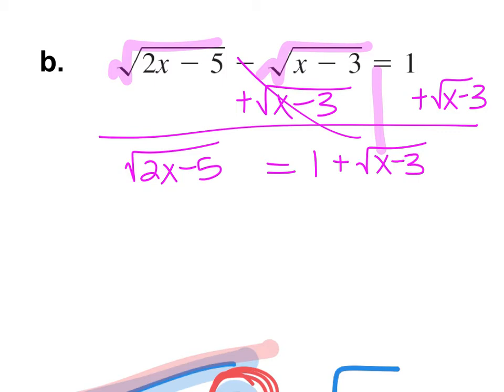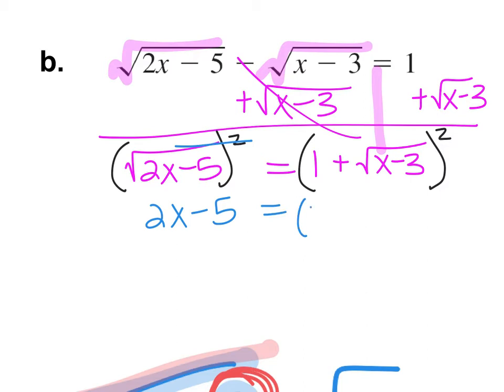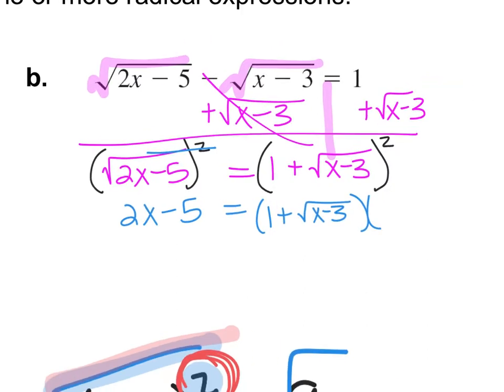Now at this point, we just need to go ahead and square both sides. We need to get rid of the square root. Now we have two terms over on the right again that we need to square. So over on the left side, that square root's just going to cancel out with the squared. But here I have a binomial, and I need to write it out twice.